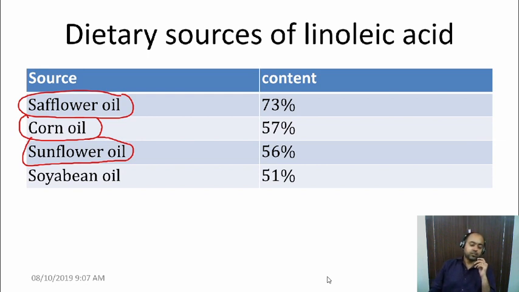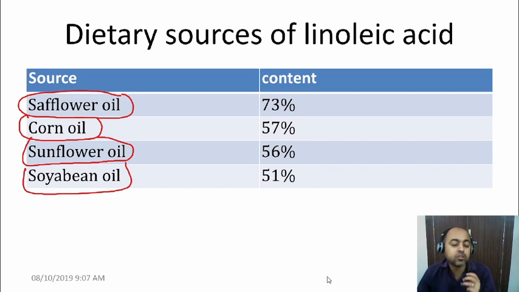Safflower oil, corn oil, sunflower oil are very very important. Lastly, we have what is called the soybean oil. You can see different percentages. Corn oil, sunflower oil are quite close in terms of content.